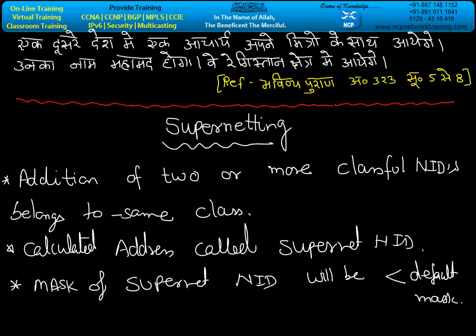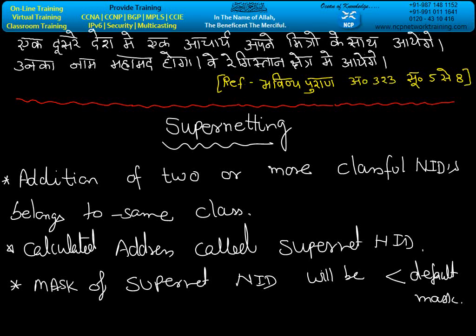We remember the method to calculate the summary NID and the method to calculate the SuperNet NID is the same. The procedure is 100% same. There is no difference in the calculation process.